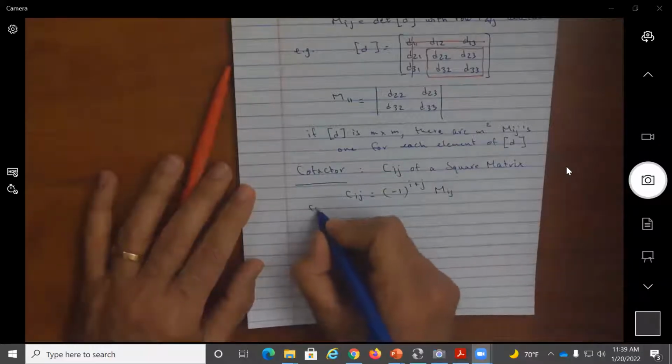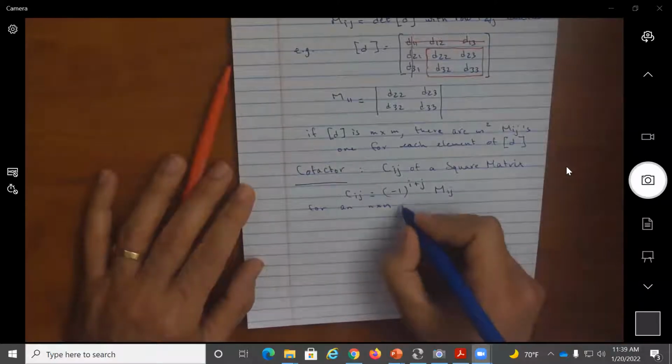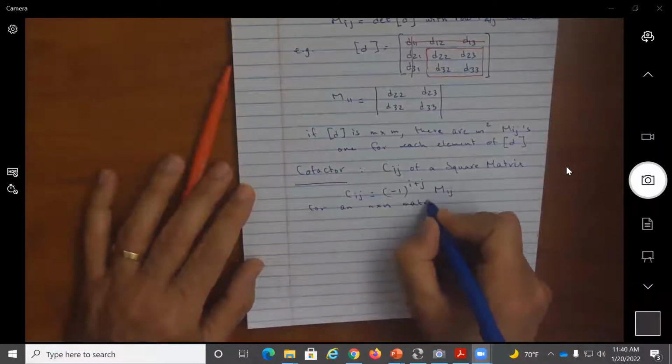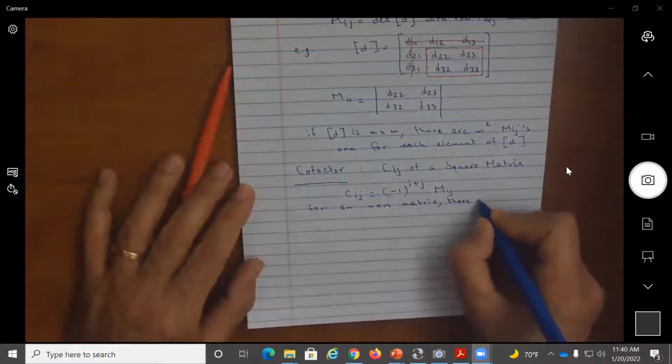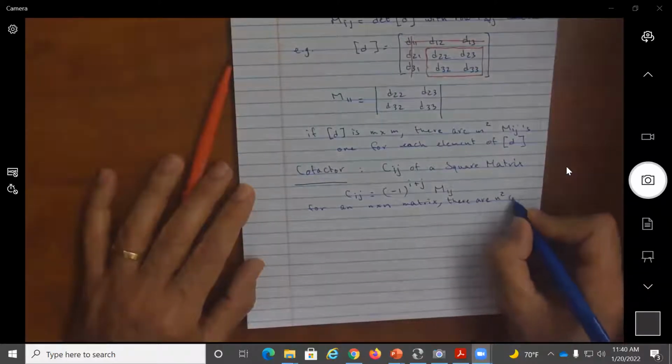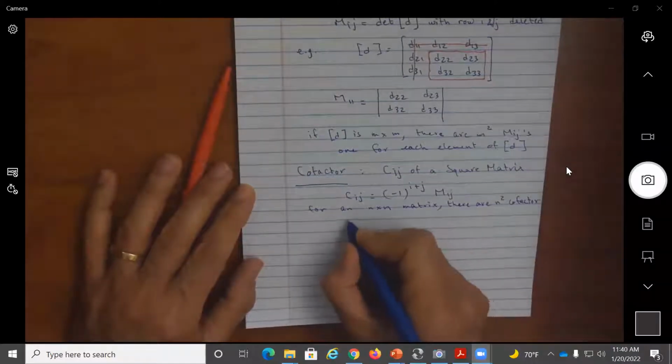So for an n by n matrix, there are n squared cofactors, one for each element.